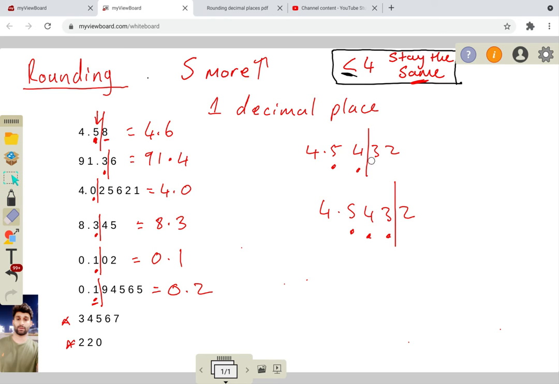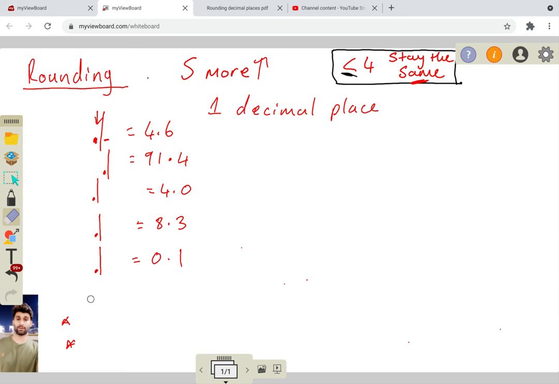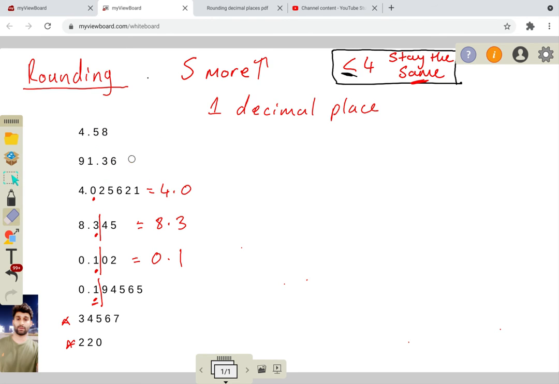Okay, so let's try with 2 decimal places, and then you guys should be able to understand what's going on. Okay, 2 decimal places. Let's round all of these to 2 decimal places.